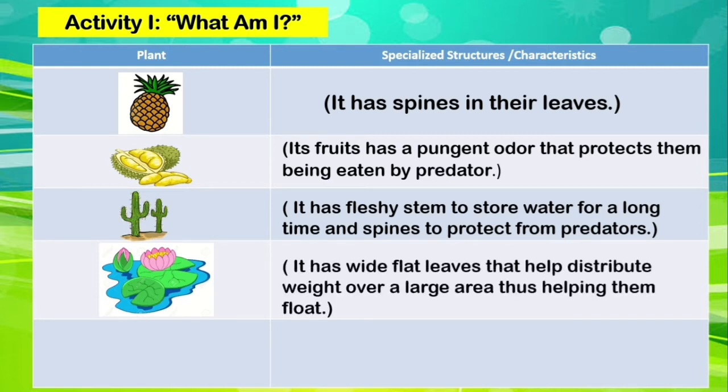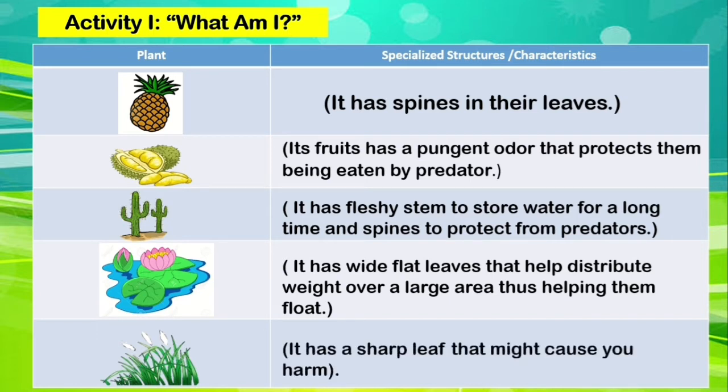You got it right. Water lily has wide flat leaves that help distribute weight over a large area, helping them float. And the last picture is a talahib plant. Talahib plant has a sharp leaf that might cause you harm. Well done, kiddo.